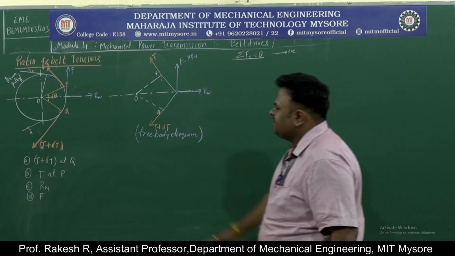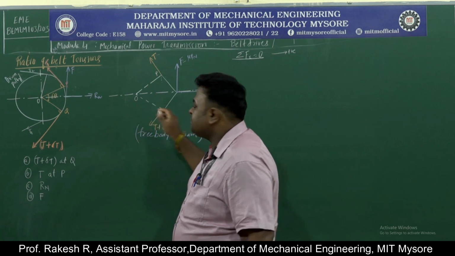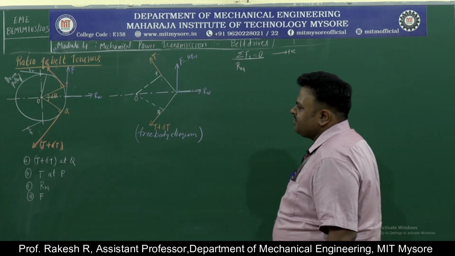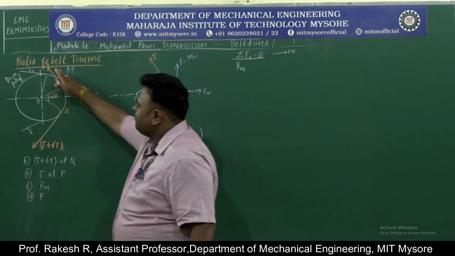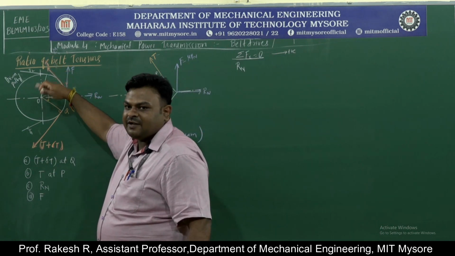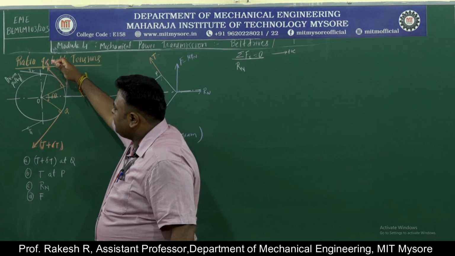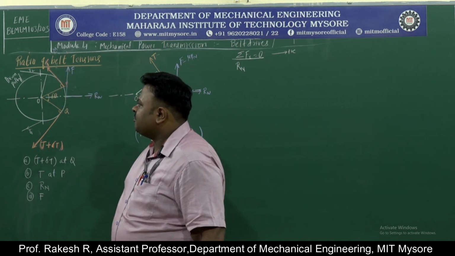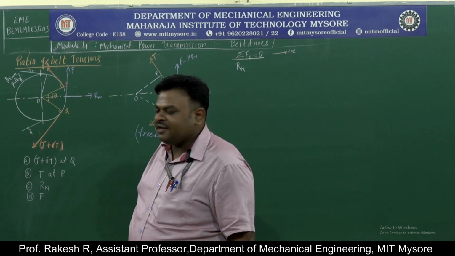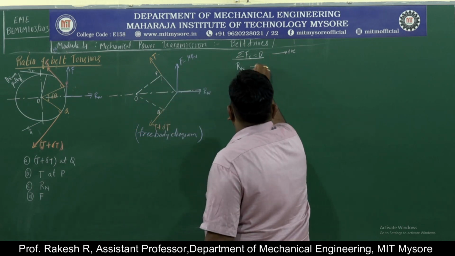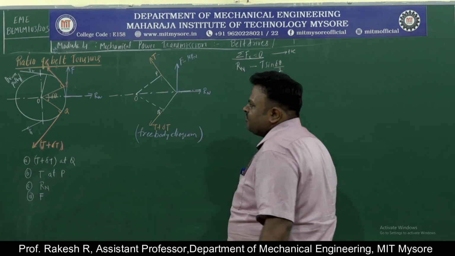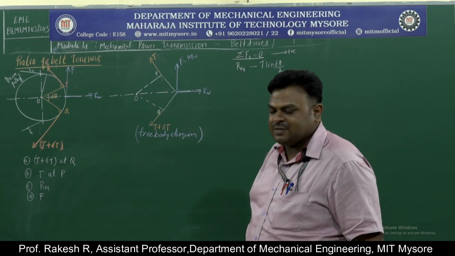So you will be having this Rn, this is acting right hand side, so positive. Then where is another one? This is T. If I resolve this into horizontal and vertical, you will get T into sine delta theta by 2, since the angle is given with respect to the opposite side. So minus T into sine delta theta by 2. That is the resolution for these forces.